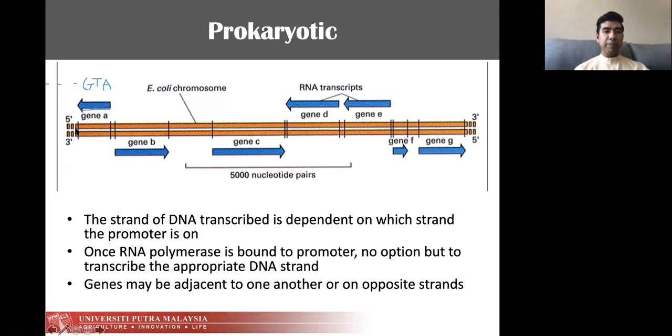So your RNA polymerase will bind here, and it starts to produce your mRNA nucleotide sequence, and one of the sequences will be GTA, because RNA polymerase can only bind from 3' to 5' to produce a 5' to 3' RNA sequence. Clear? Does it sound confusing to you?